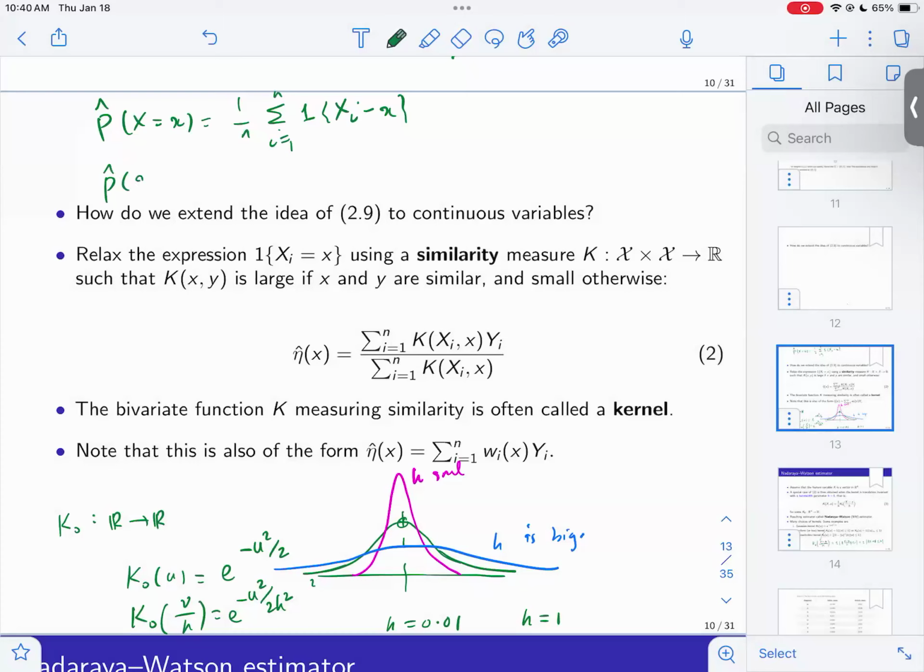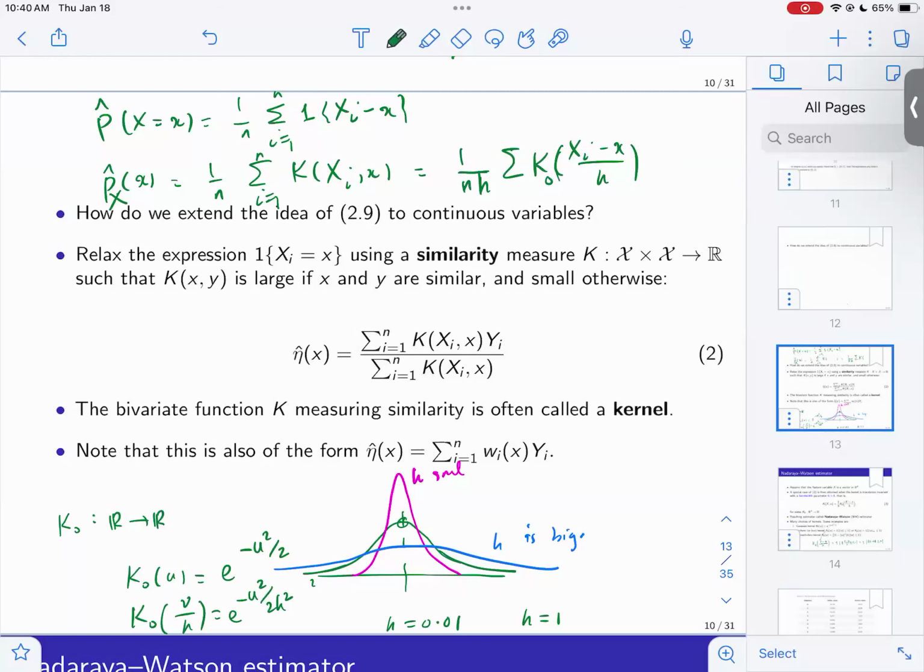If I'm going to do the PDF, I'm going to replace this with that kernel. So it's going to be 1/n, and then 1/h goes here, summation of k naught of xi minus x divided by h.